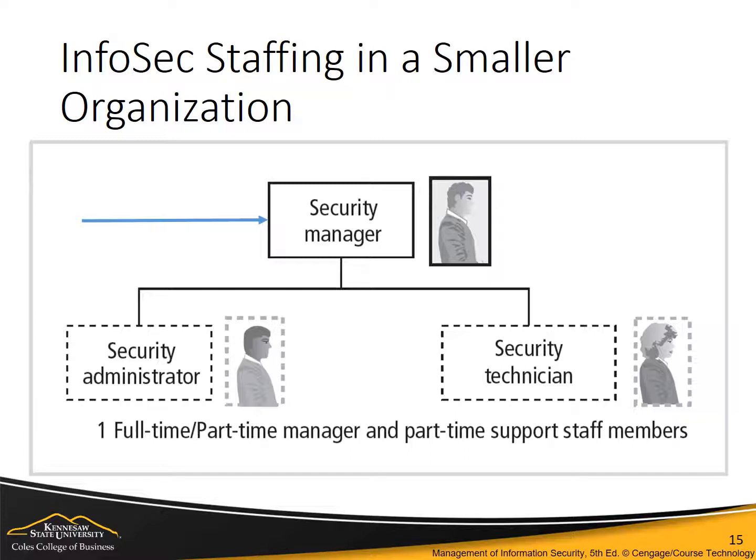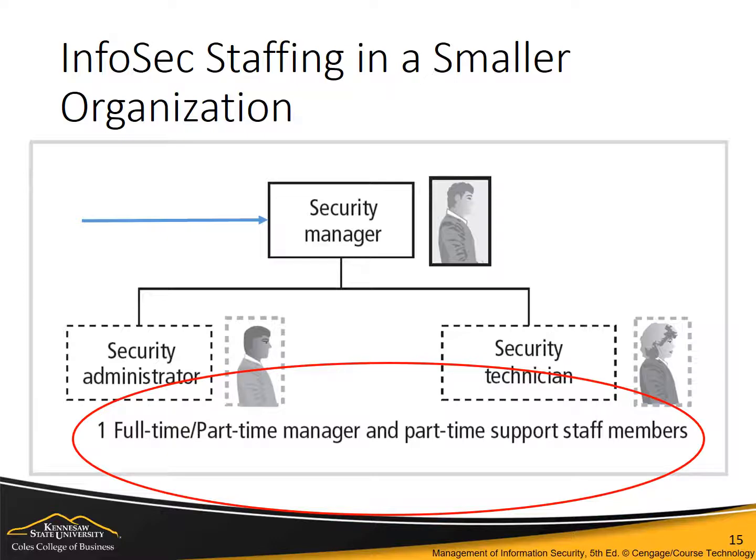The person leading the effort and perhaps implementing it, testing it, refining it, maintaining it, etc., may be a security manager. If that person is lucky, they may have one or two full-time support staff. Sometimes a security manager is the only one responsible for information technology in a small organization.